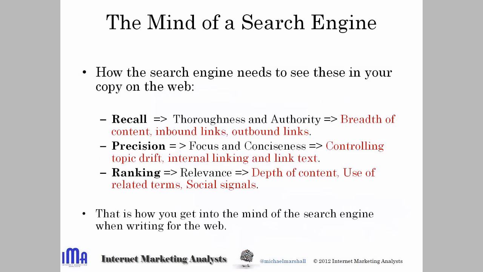Then there's precision, focus, and conciseness. You want to control topic drift, and then there's internal linking and link text that helps with that. Topic drift is when you talk about too many unrelated topics on the same page. So your site doesn't have to be all about the same thing, but a particular page should be as tightly focused as possible.